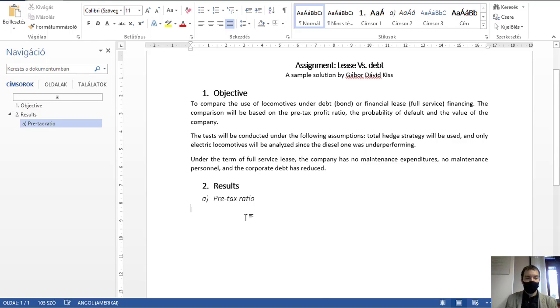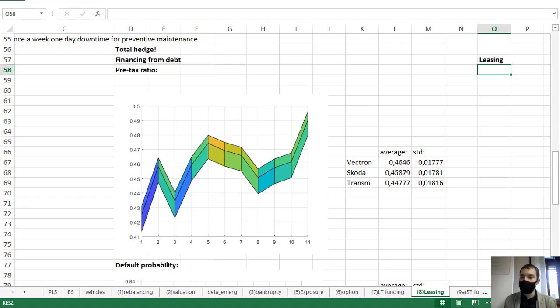Yeah, it's also necessary to define here. So, leasing.